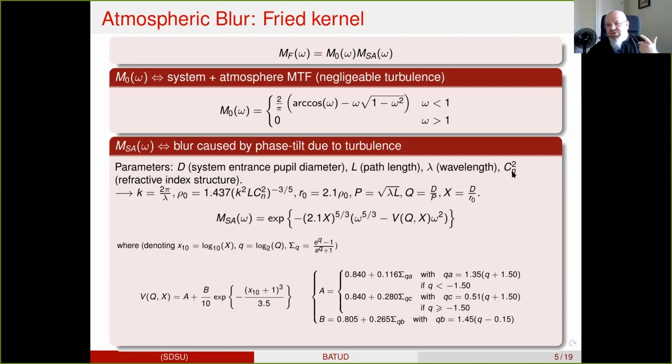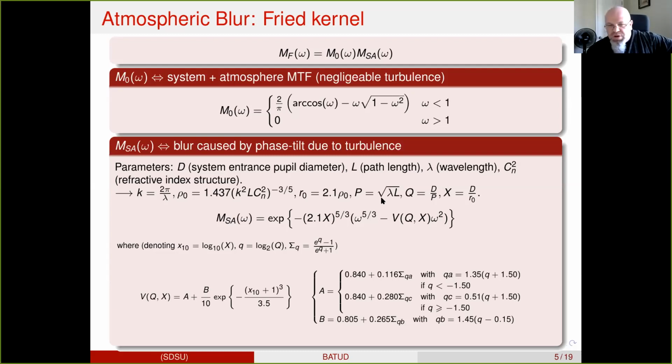And Cn square is a physical parameter that reflects the amount of turbulence in the atmosphere. If you know those parameters, you can compute some intermediate variables: k, rho0, r0, capital P, capital Q, and capital X. So you see it's very straightforward equations from those 4 parameters.